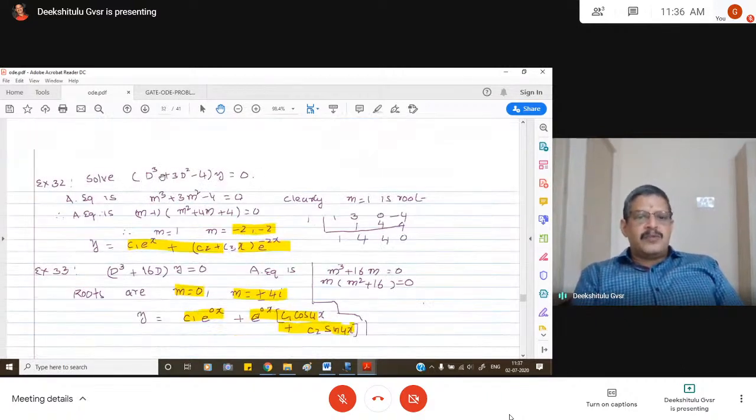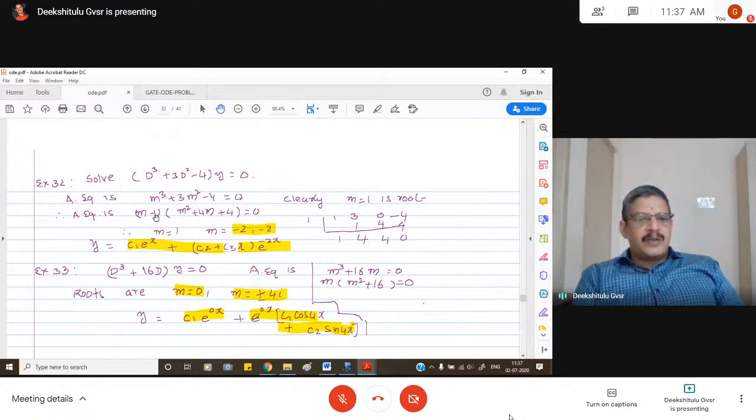Now solve (D^3 + 3D^2 - 4)y = 0. For the auxiliary equation, first replace D by m: m^3 + 3m^2 - 4 = 0. The first root you have to somehow find out. If you put m = 1, 1 + 3 - 4 becomes 0, so m = 1 is clearly a root.